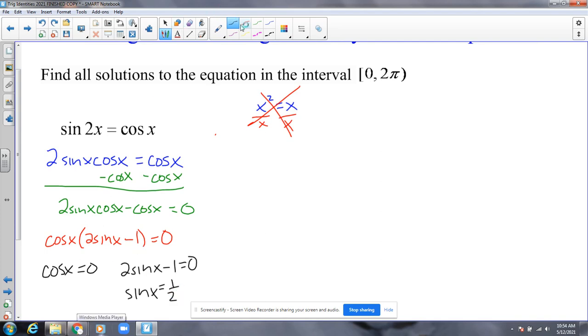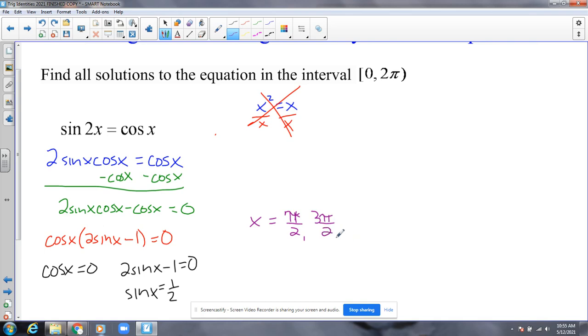And this is what I mean. I'm not going to go through the whole unit circle, the special right triangles. However you got good at this last class, we're just going to continue doing the same thing. So my answers: I know when cosine of x is equal to 0, x would have to be either pi over 2 or 3 pi over 2.